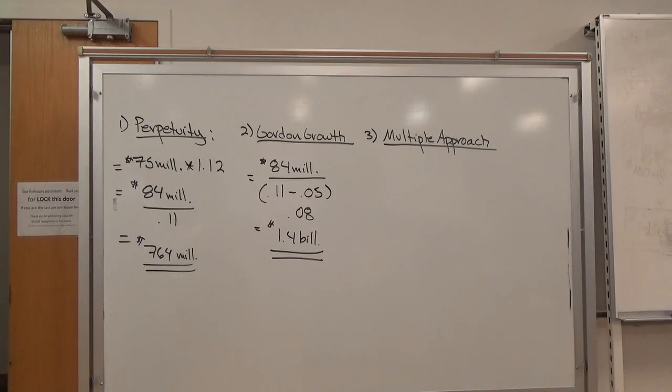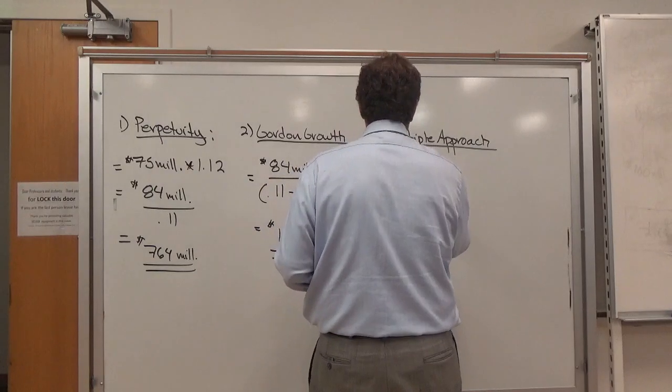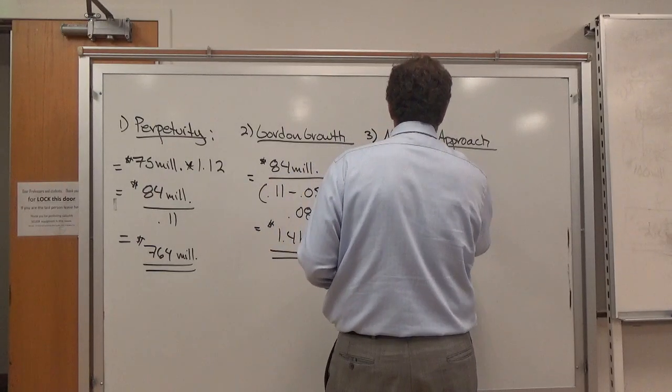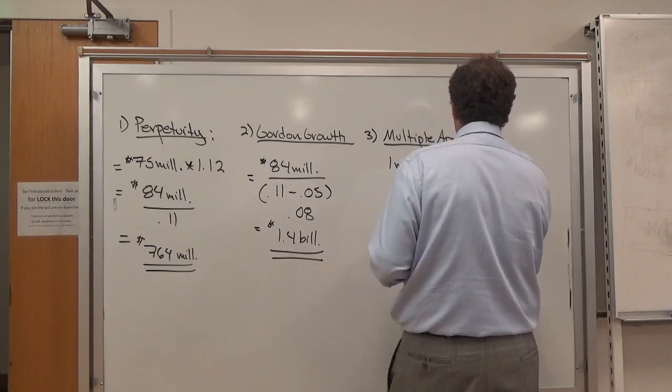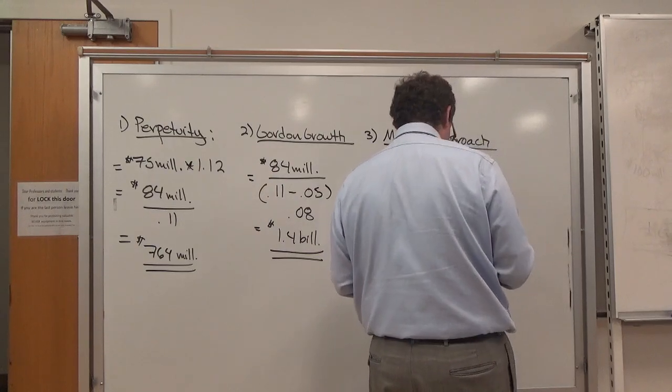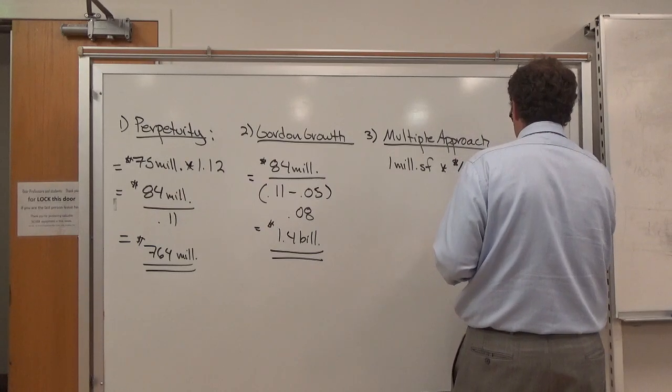So how do we get the gross potential rental income? Does it give us anything? It gives us 100 million per year. Yeah, exactly. We've got 1 million square feet at $100 a square foot. And that gives us what gross potential rental income? 100 million.